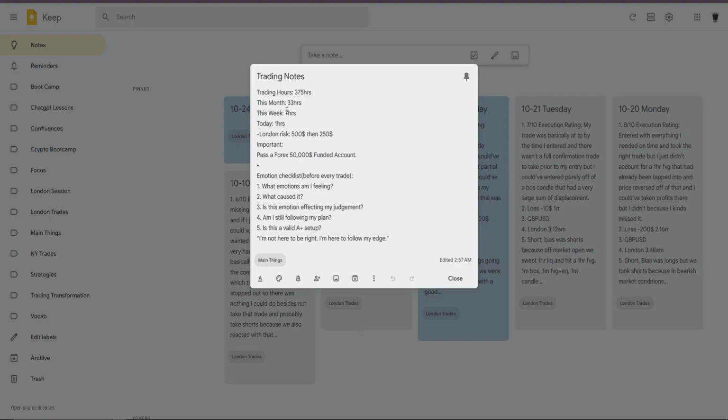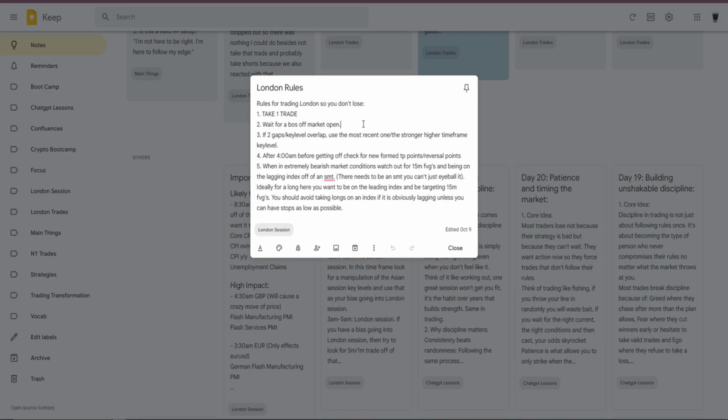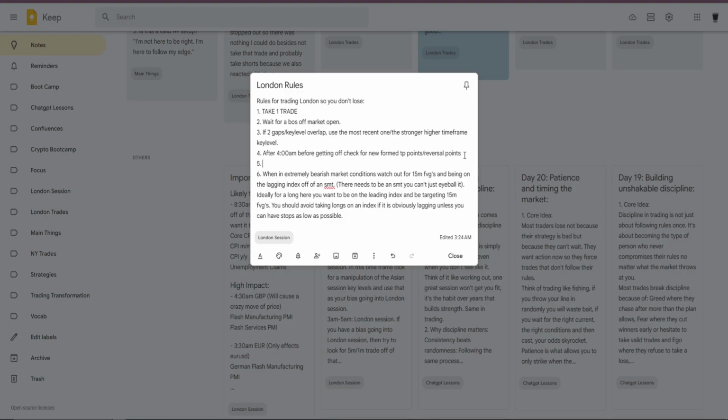I need to calm myself down though. Okay, when in shorts to take profit, buy instead of selling.